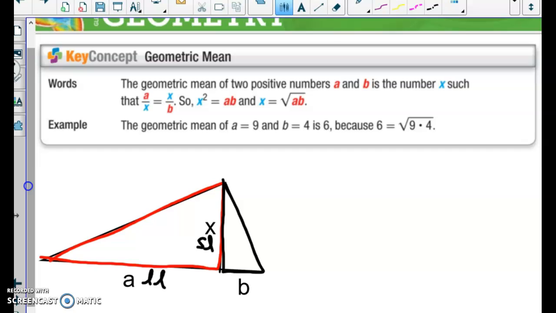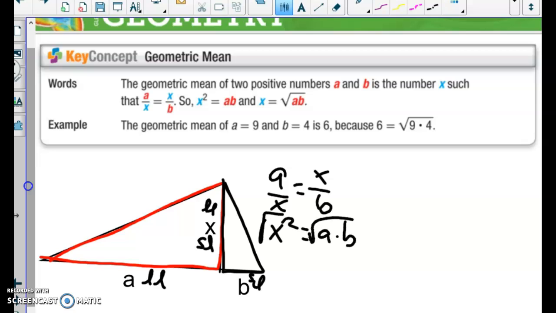And in the smaller triangle, this is the long leg of the smaller triangle, and this is the short leg. So the way we set this up is that A is to X as X is to B, and when we do our cross products, we get A times B square rooted, and that's going to help us find that X value. So that A times B square rooted is going to give us our geometric mean.